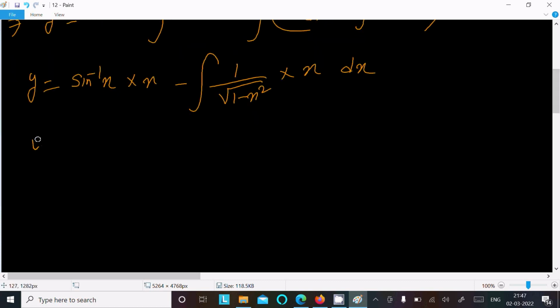Now the next is y equal to x sine inverse x, then after here 1 divided by root 1 minus x square, and here x into dx.